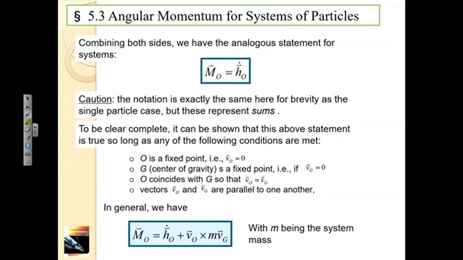All right, last time we got together, I said, hey, my moment about O is equal to the time rate of change of angular momentum.